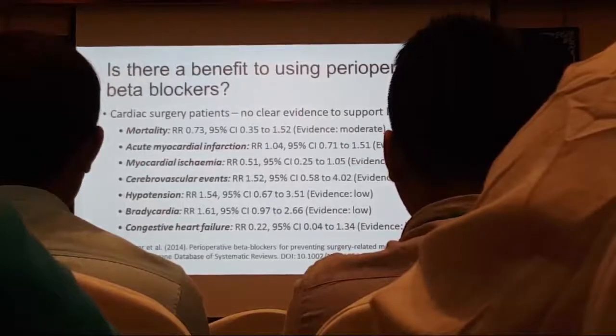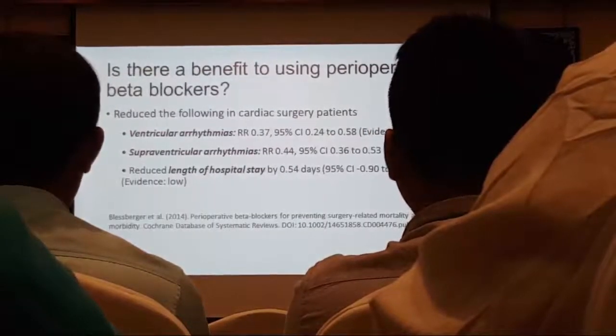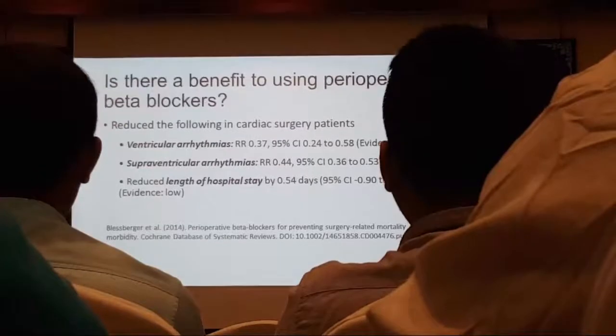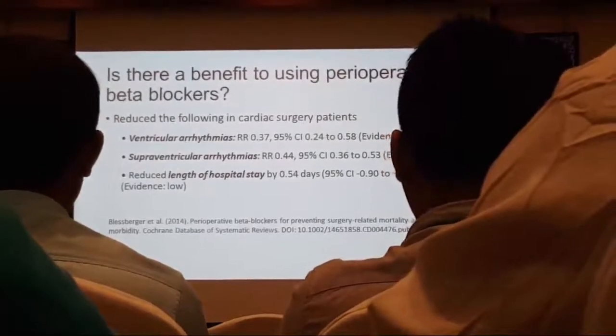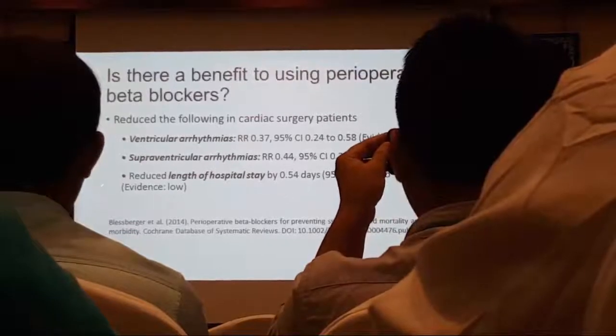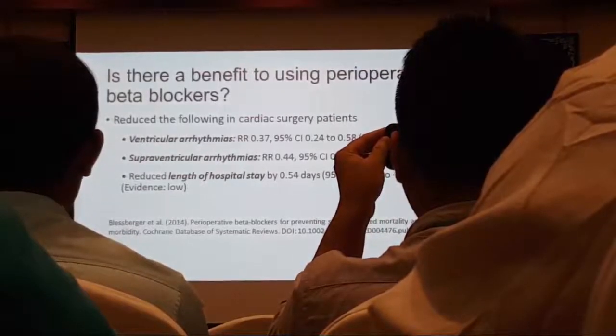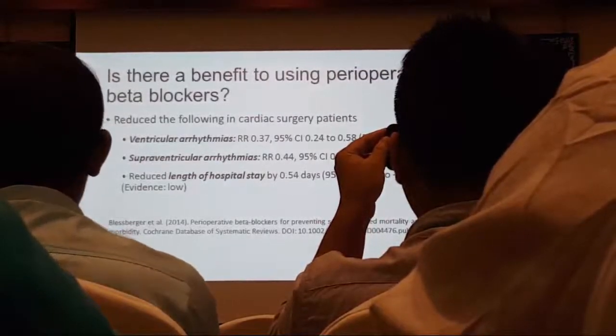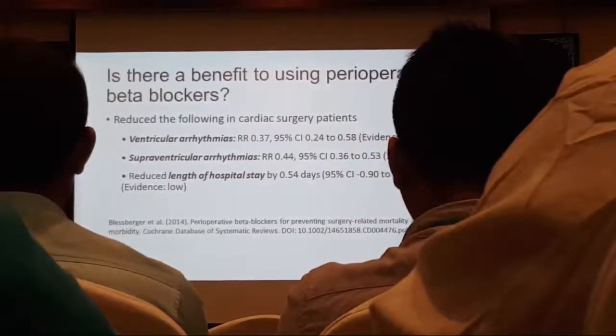Now, there are some things that are beneficial in terms of cardiac patients. When we look at this, we can say it does decrease ventricular arrhythmias, supraventricular arrhythmias, and it decreases hospital stay, although the evidence for the length of hospital stay is not quite so good.